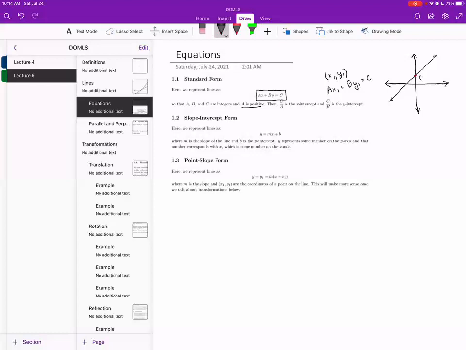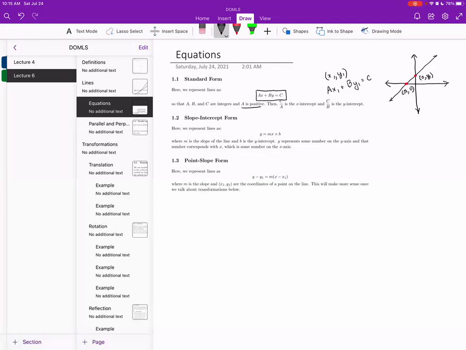So the y-intercept looks like 0, comma something. And the x-intercept happens when y is equal to 0. So it looks like something, comma 0. So if we plug this into the line equation to figure out what that something is, let's say the y-intercept is 0, y1, and the x-intercept is x1, 0.